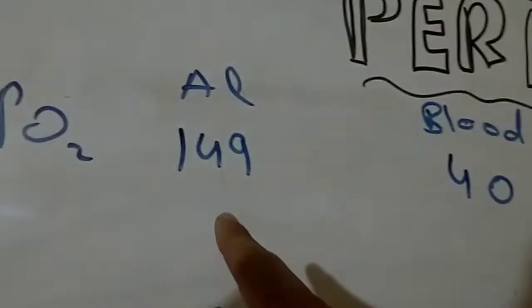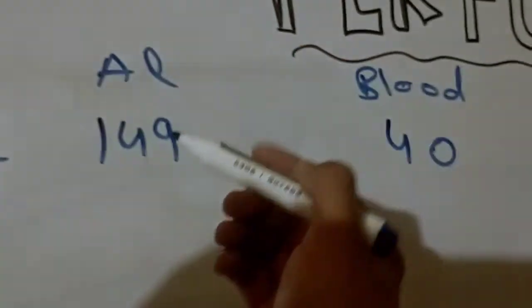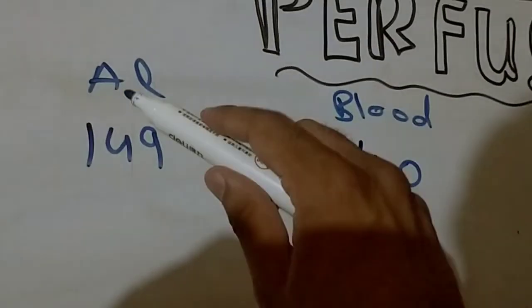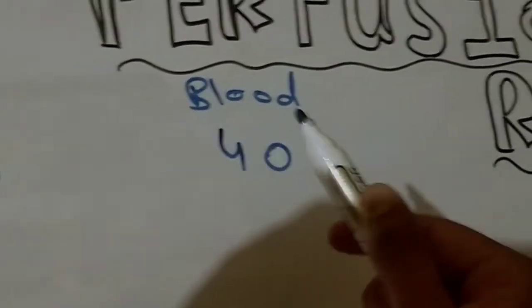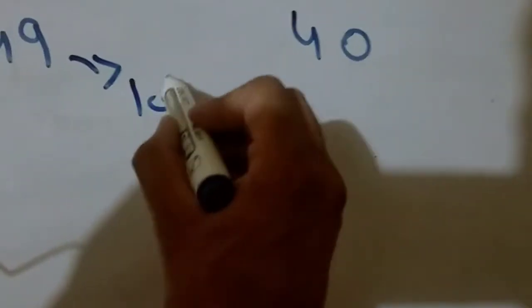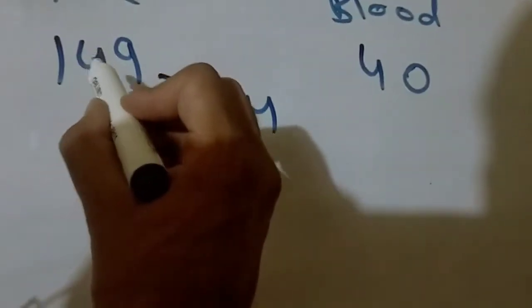When the exchange occurs between the alveoli and the blood capillaries, oxygen is delivered to the blood, and the pressure in the alveoli drops from 149 to 104.